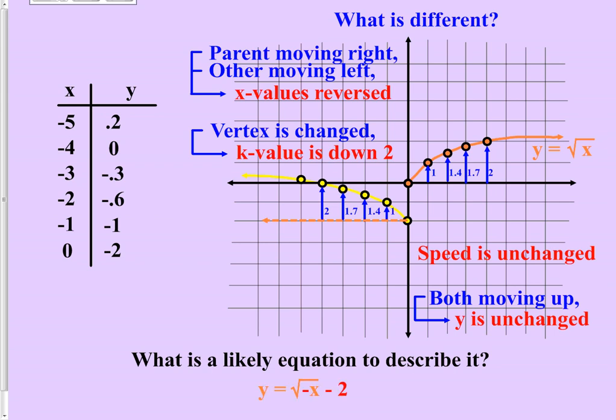So our equation should look something like y equals the square root of -x, that's going to send it to the left, and then -2 outside of the radical, that will drop the vertex down 2 units. Most likely, our equation is y equals the square root of -x -2.